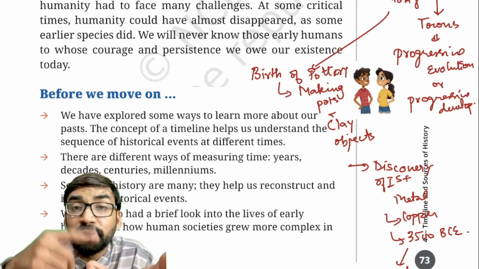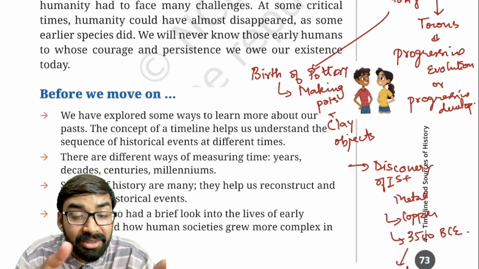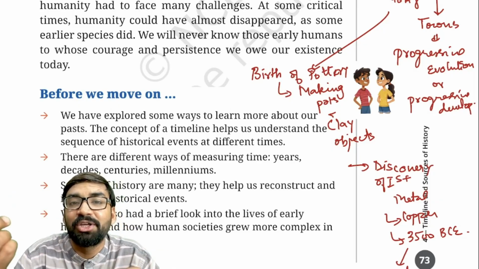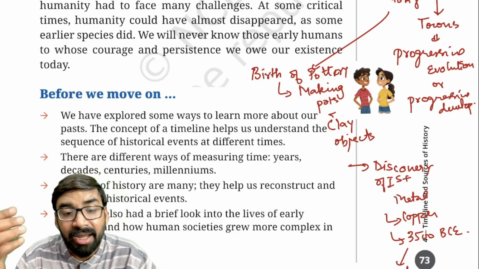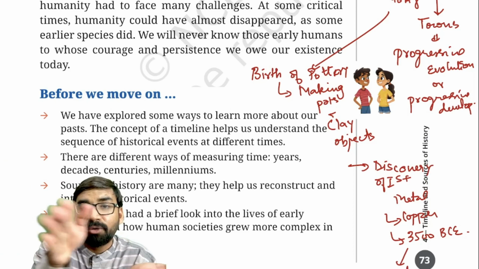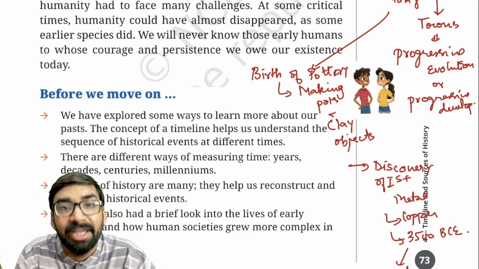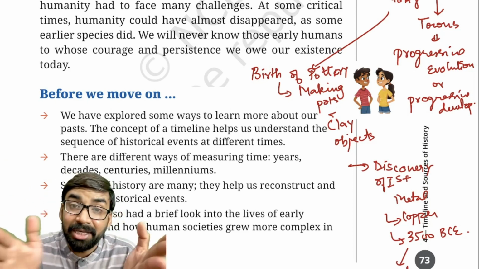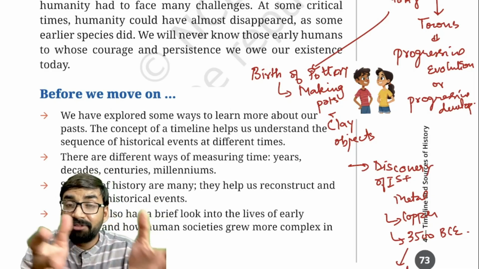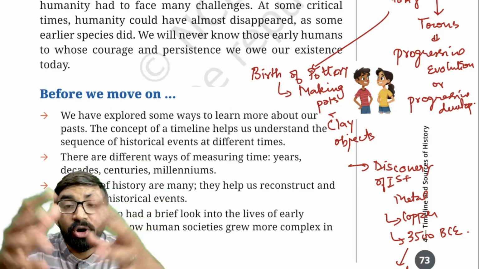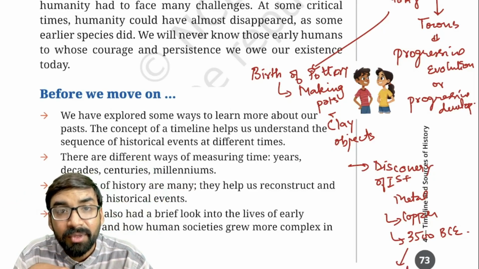Second, how you should read history, what are the sources of history. Then third important thing, how humans got evolved. Then how the activities of humans started, like hunter and gatherer, then they transformed into the food producer, that is agriculture. That means earlier they used to live in a small group, and because of agriculture, villages got evolved, right?